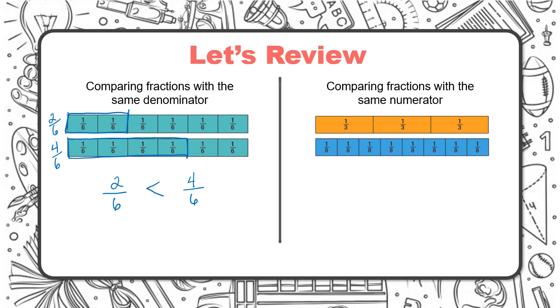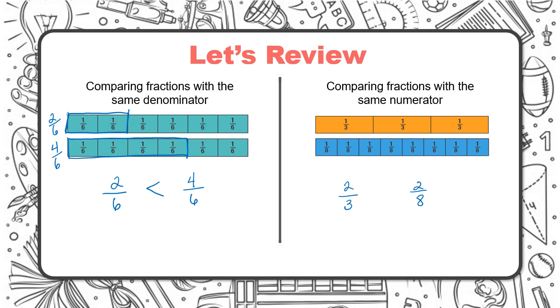What I'm comparing here is fractions that have the same numerator but different denominators. So in this one, I know that I have a fraction that's broken up into thirds and a fraction that's broken up into eighths. But I want my same numerator. So let's make the numerator 2 equal parts.